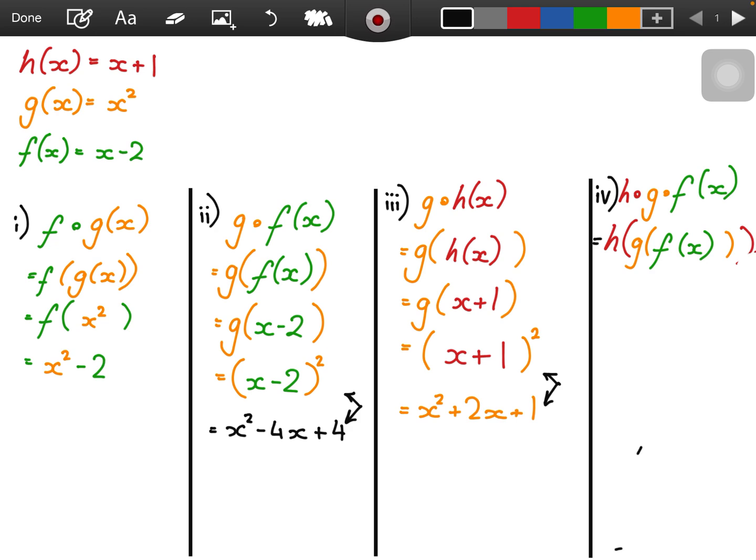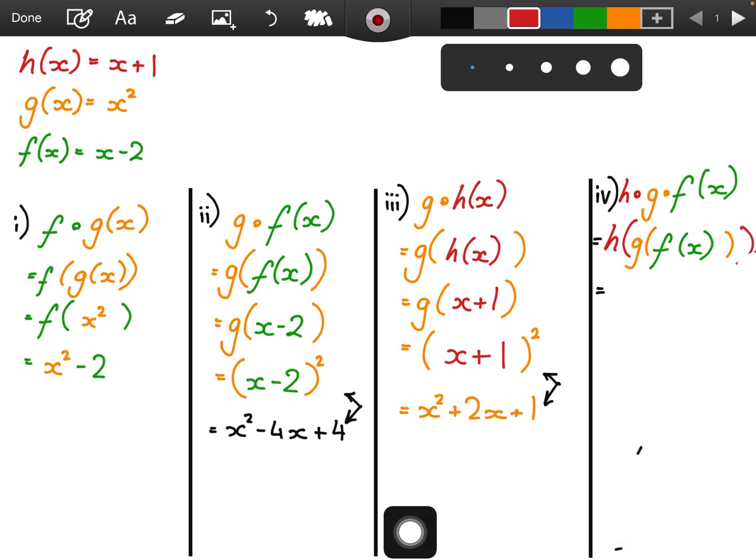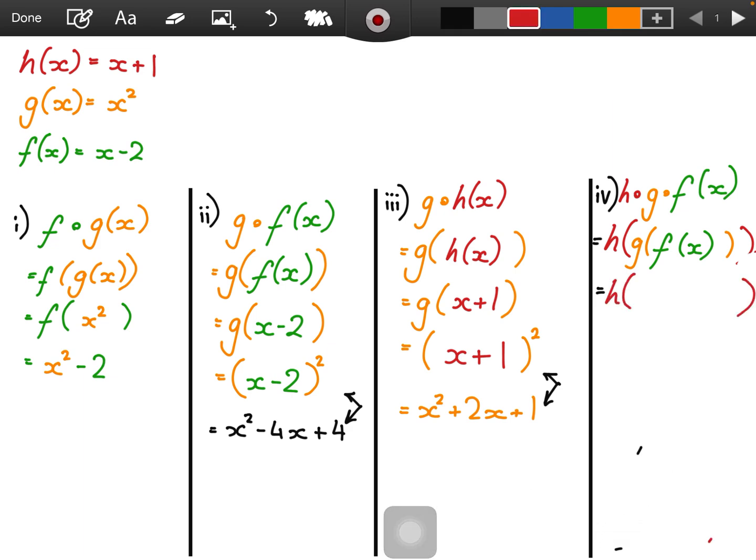So we are going to have the function h applied on whatever the output of the function g applied on whatever the output of function f is. I'm not even going to worry about the h part yet. I'm just going to be working on whatever I can do inside brackets firstly.